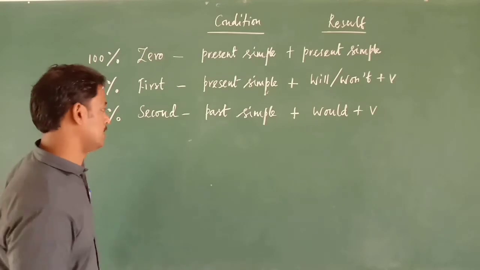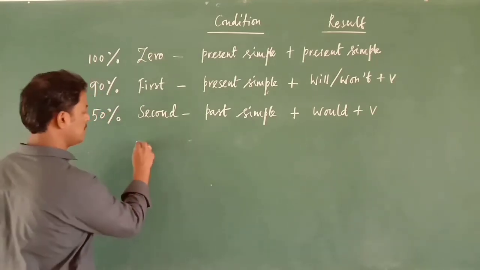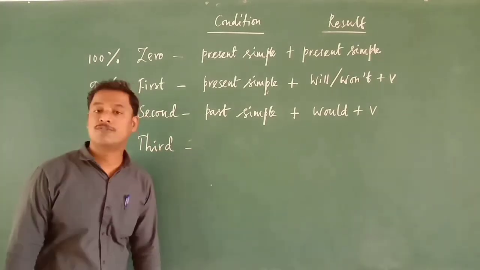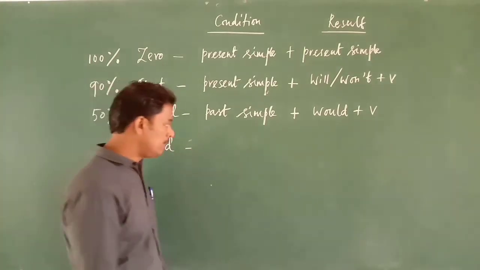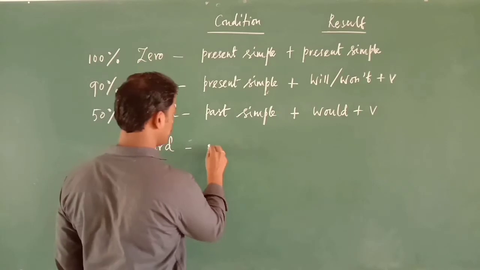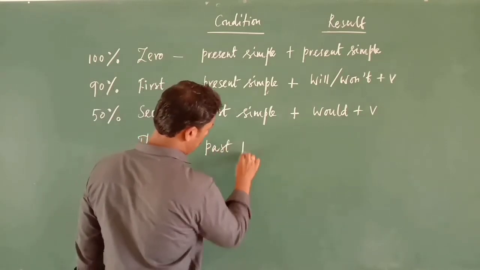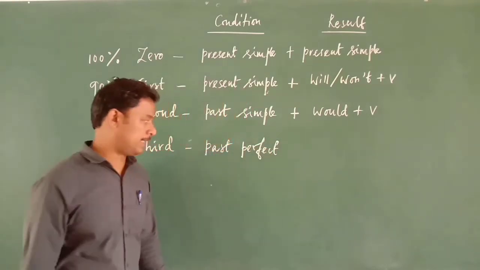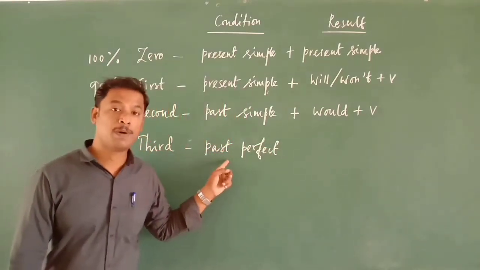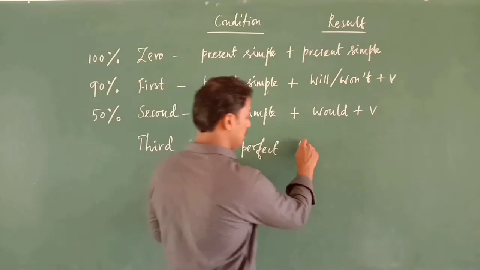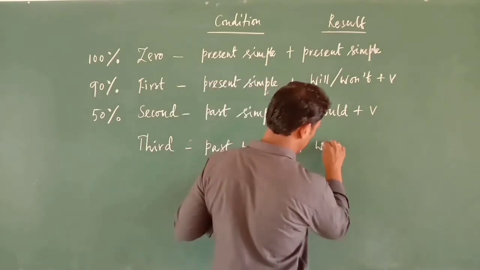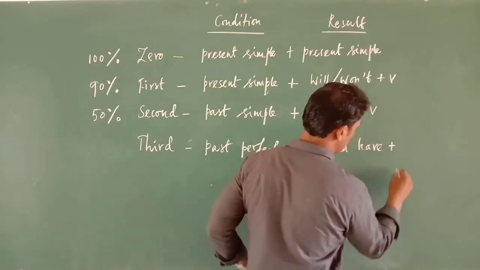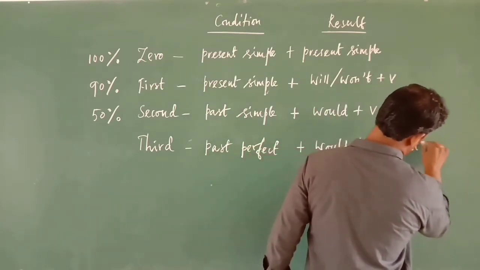Okay, right. Next, the last one is third conditional or unfulfilled conditional. The verb pattern is past perfect. The condition has the verb pattern of past perfect, and in the result we must have would have plus past participle.